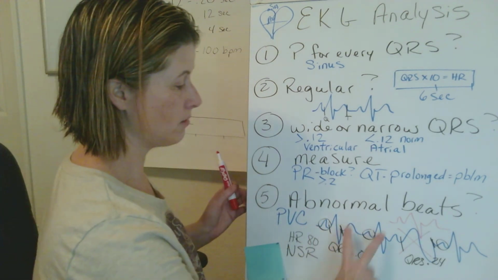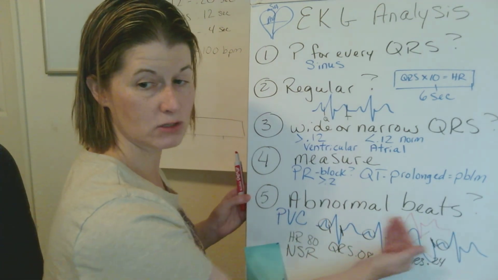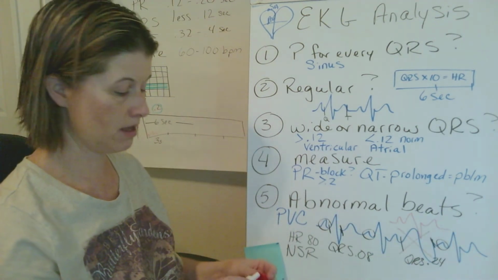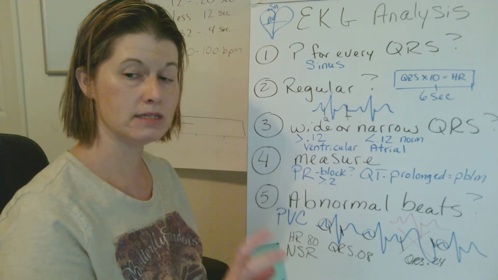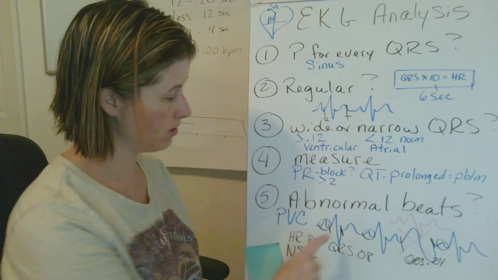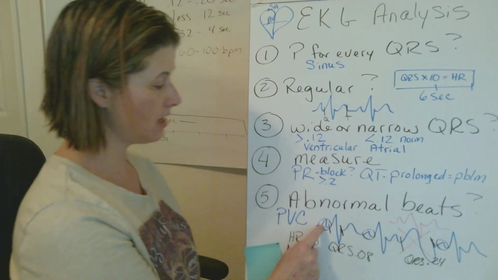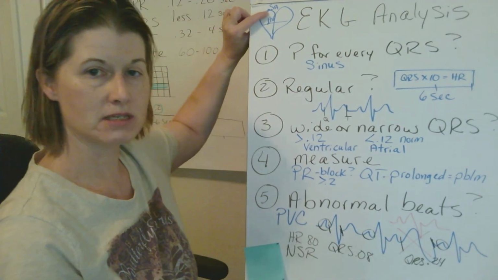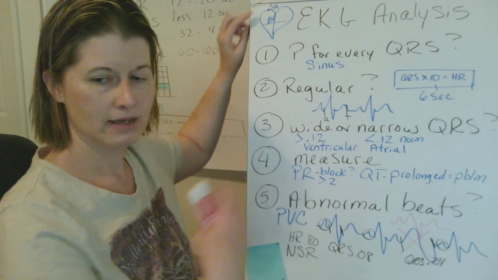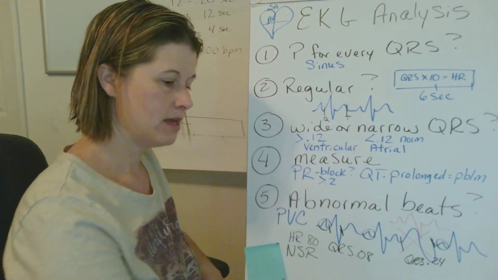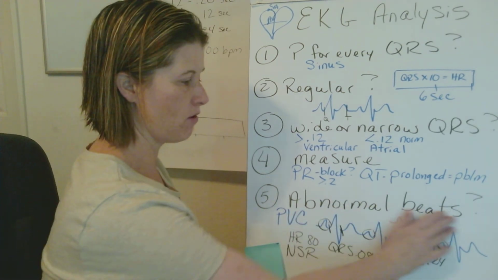So as I'm marching them out, everything marches out except for this one that came in early. The other thing about it is a PAC generally looks identical to these other ones because it's the same cell, it's the same SA node, but it just jumped the gun. It got excited and it fired early. So that would be when you're looking for abnormal beats.